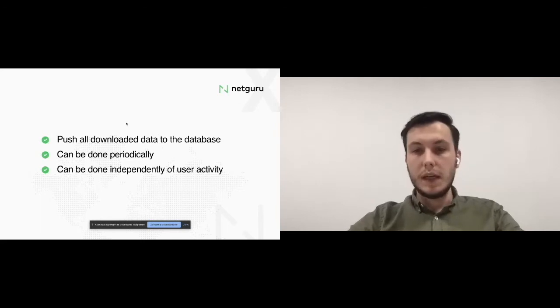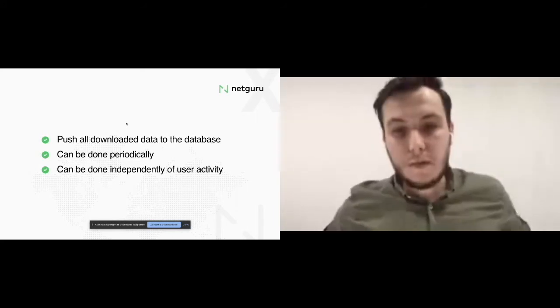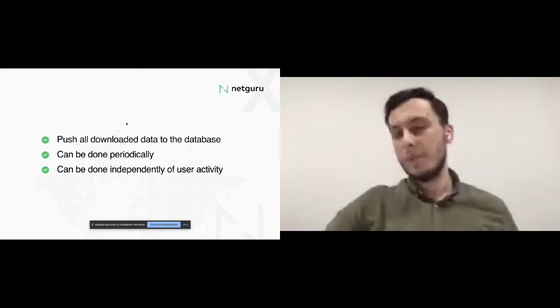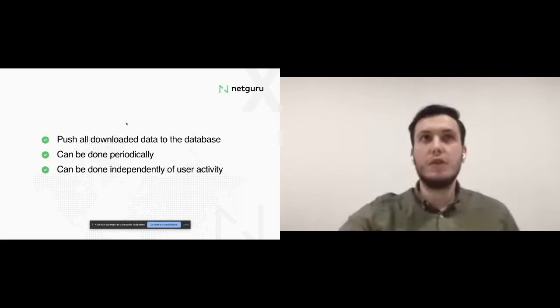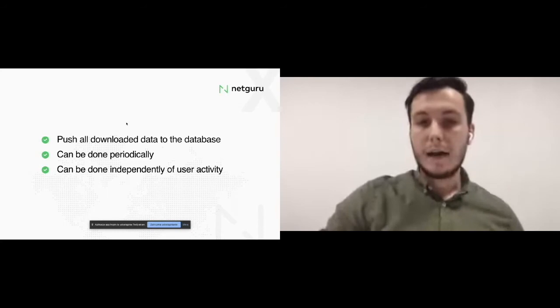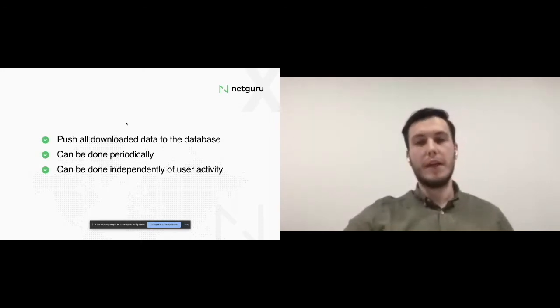So we have the data in the database, and we have some kind of mechanism to download this data, do it periodically, independently of user activity, or if you want to, you can do it on demand, like in the online first approach. But if we are going to download such amounts of data, such big data sets, we will probably have a really messy database. And you are right, and that's the job for synchronization.